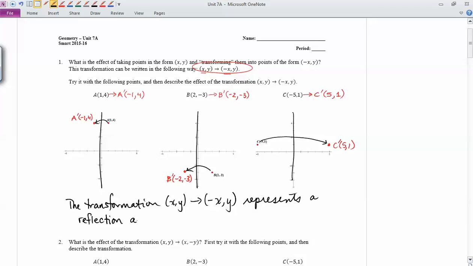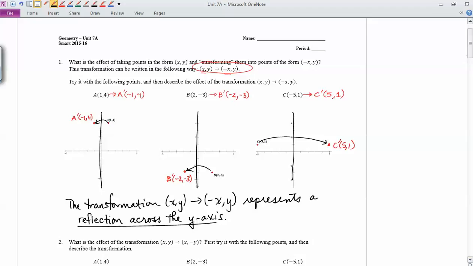And in this case, it's across the y-axis. So that's reflection across the y-axis. By the way, a lot of this stuff is heavily related to computer programming, graphics, stuff like that. Video games use things like this all the time.